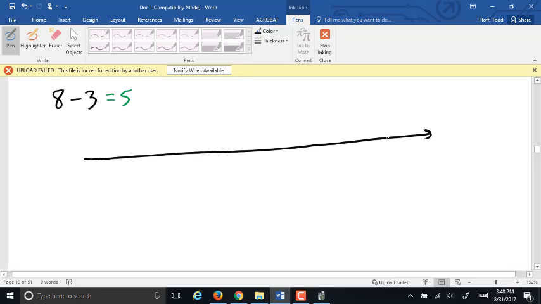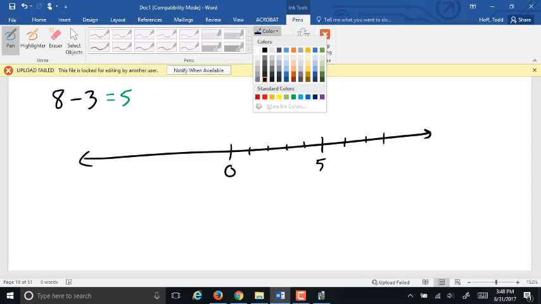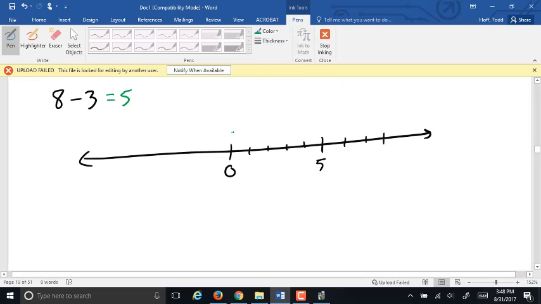If I were to ask you to draw a vector illustration of 8 minus 3, it would most likely look something like this. Go from 0 up to 8, then from 8 back to 5, like that.